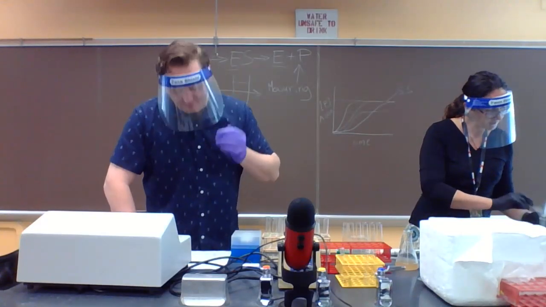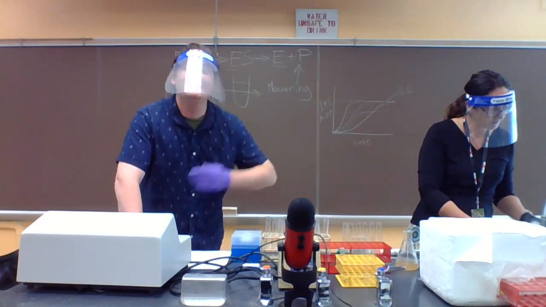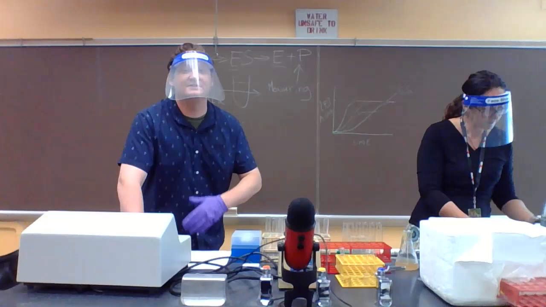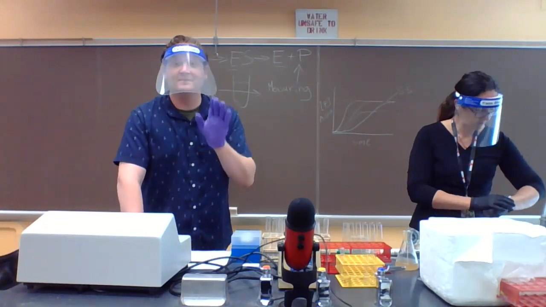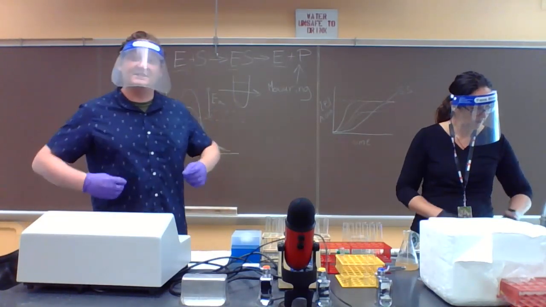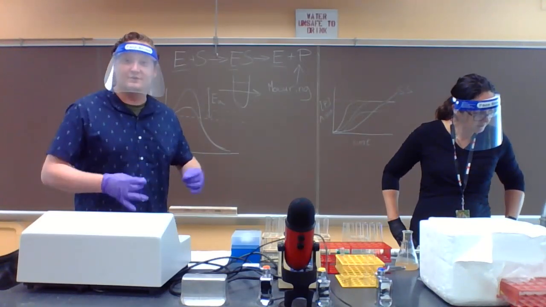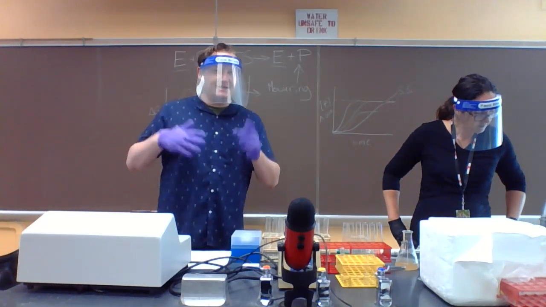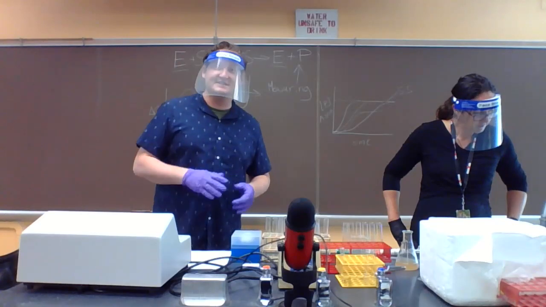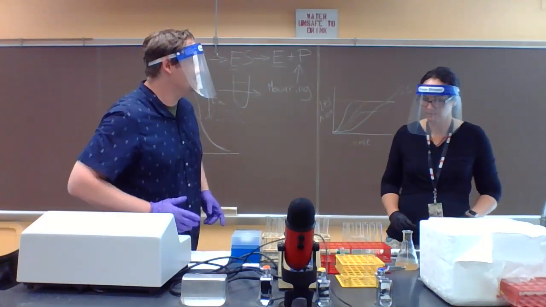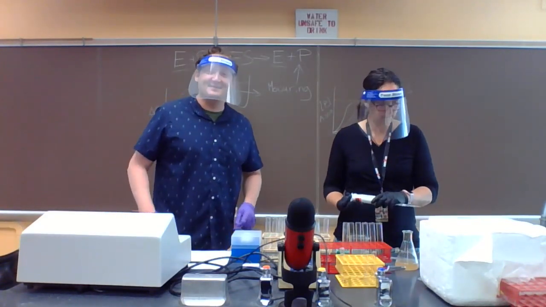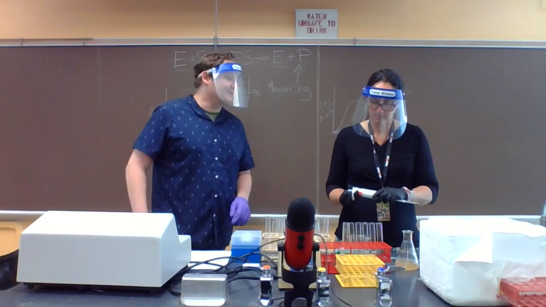At minute 1, we will put catechol into tube 2. At minute 2, catechol goes into tube 3, etc. This means that when we measure at minute 2 for tube 1, 1 minute later, it will be minute 2 for tube 3. It's a little clunky to get your head around, but hopefully that makes sense. You'll see us do it, and then it should be a little more understandable exactly what we are doing.